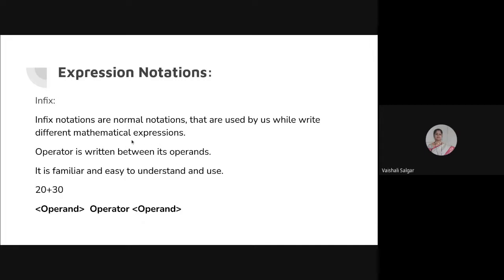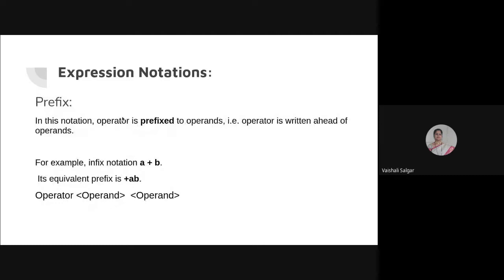Infix is the format for presenting: operand, operator, and again operand. It means the operator is in between the two operands, and this is the normal or familiar way of presenting the expression notation. So 20 plus 30 is the infix type of expression notation. Next is the prefix.